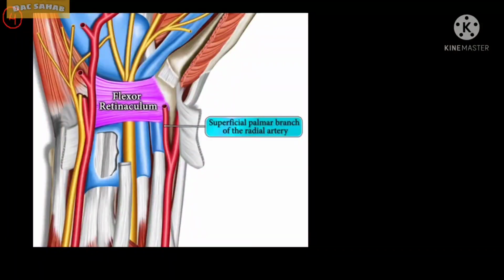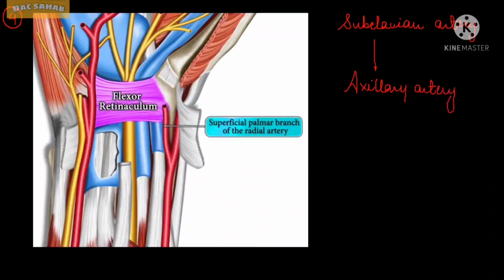See, the subclavian artery continues as axillary artery from the outer border of first rib.